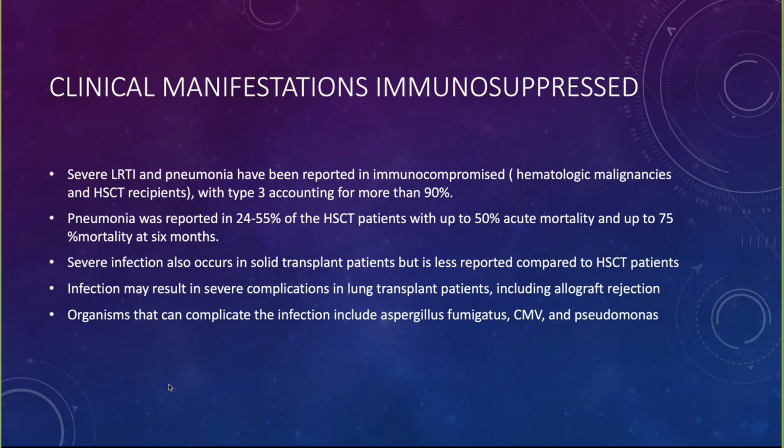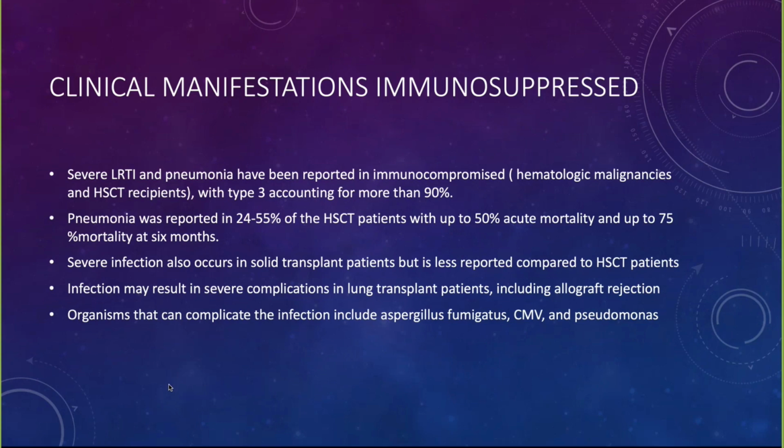In solid organ transplant it can also cause severe infections, particularly in lung transplants. In them, you can see graft failure and decreased respiratory function testing. Sometimes the problem with this type of virus is that you can have secondary infections.